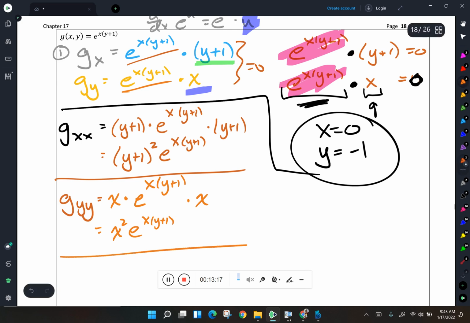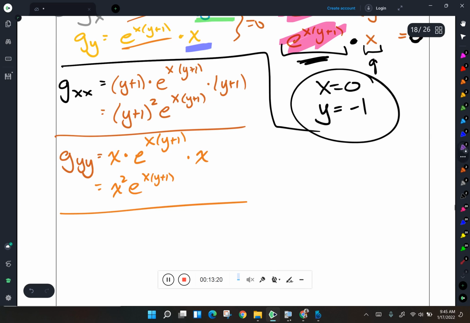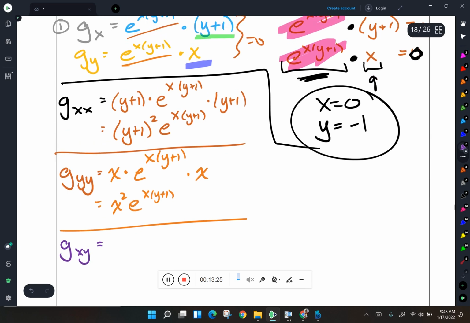Okay, how about then second partial g sub xy? I'm going to take the derivative of the second one with respect to x because I think that would be easier just because there's less. Okay, that's going to be a product rule. So the derivative of the first one with respect to x is going to be e to the x times y plus 1 times y plus 1 times the second, plus the derivative of the second with respect to x times the first.